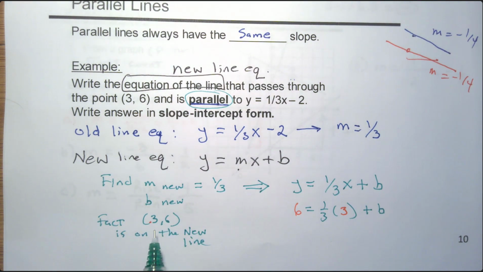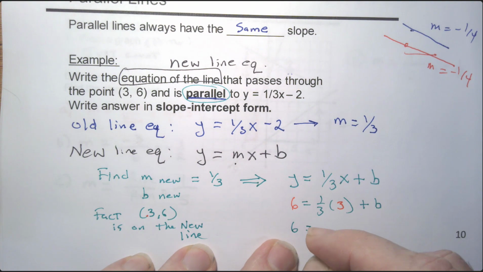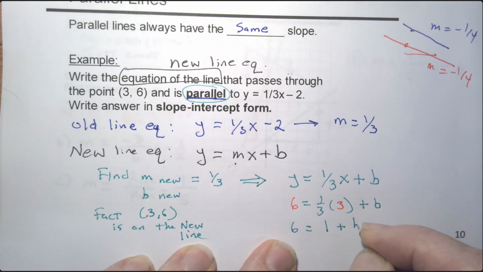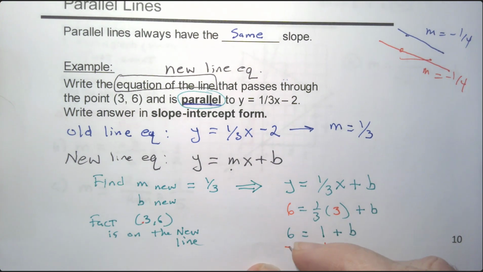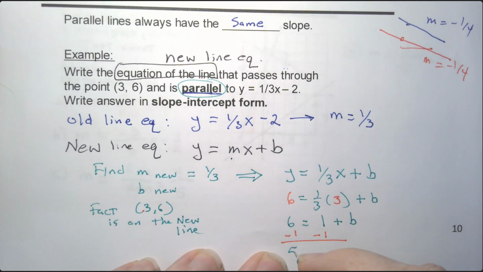So by plugging in this point for the x's and y's, I made an equation with only b unknown, and I can do a little bit of algebra and figure out b. I'm going to simplify. 1/3 times 3 is 1, plus b. Easy algebra. Subtract 1 on both sides: 5 equals b.